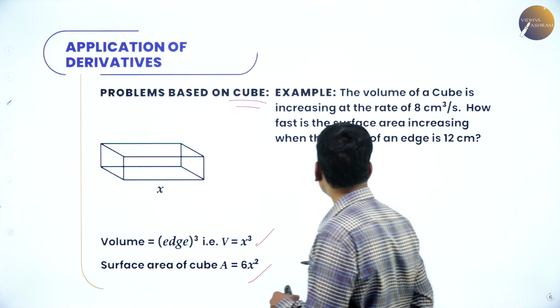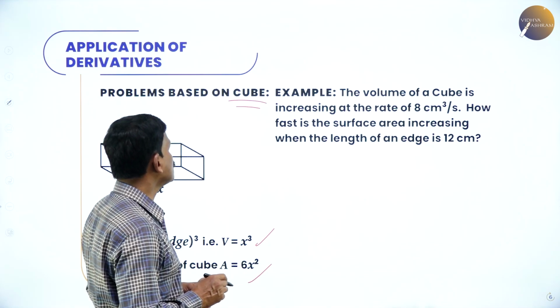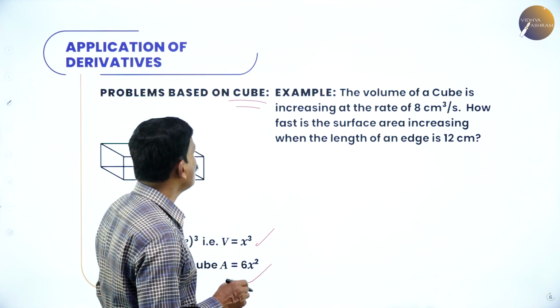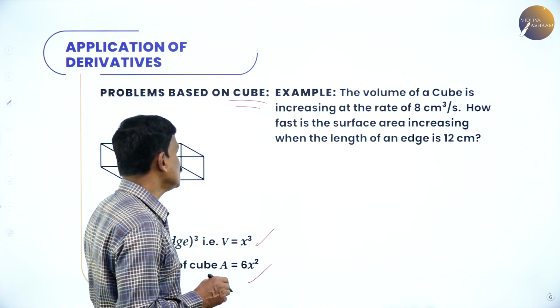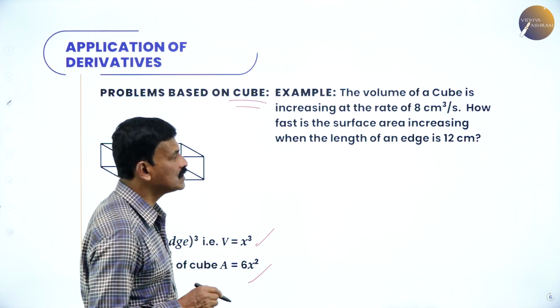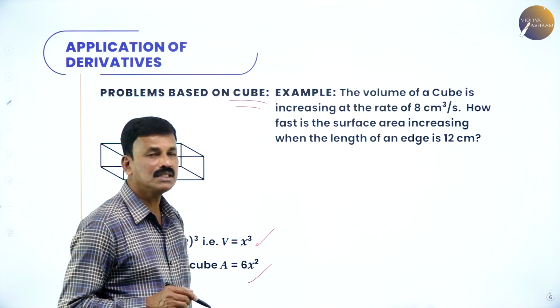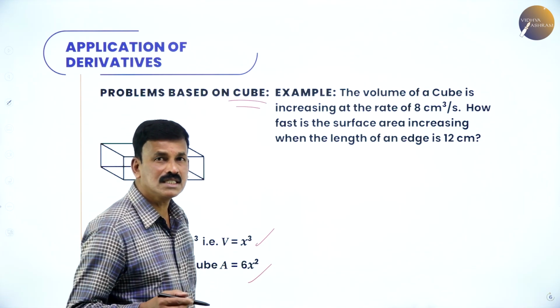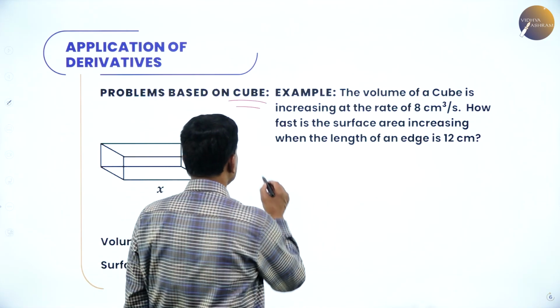Now, here is a problem. The volume of a cube is increasing at the rate of 8 centimeter cube per second. How fast is the surface area increasing when the length of an edge is equal to 12 centimeters? What is given here?